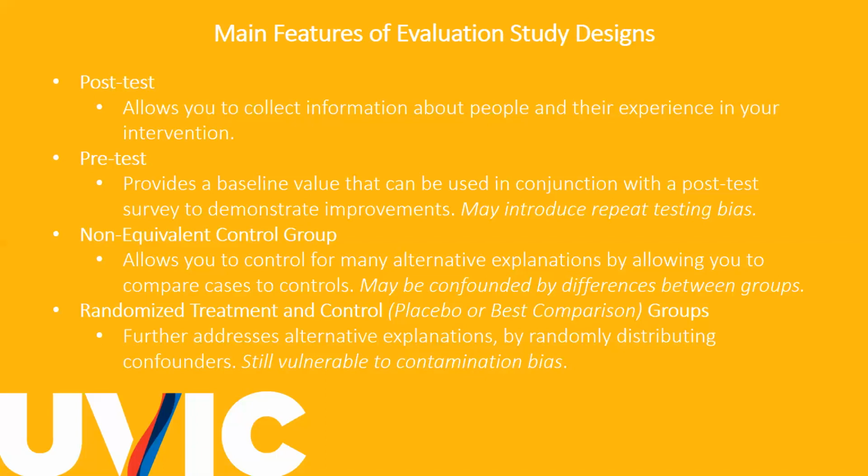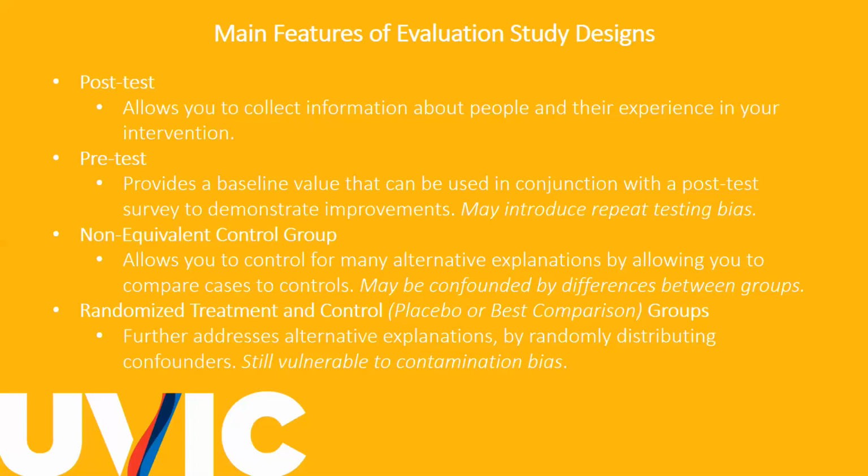Now, the next feature that is important to add is this idea of control groups, because we talked last week when we were talking about validity that there are lots of alternative explanations that can explain a specific outcome. And so a control group allows you to get rid of some of those alternative explanations by allowing you to compare, particularly if you have both a pre-test and post-test, how did controls improve over time relative to cases?